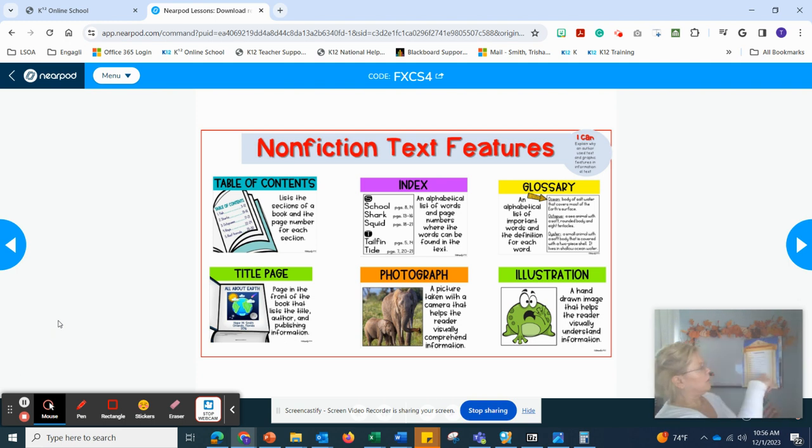Okay, so I'm going to go to my table of contents. That is in the first part of the book. So you have your cover page, your title, the front cover, you know what I mean? Your cover page gives you all that. And then on the back of that, it gives the Library of Congress stuff, all the official things.